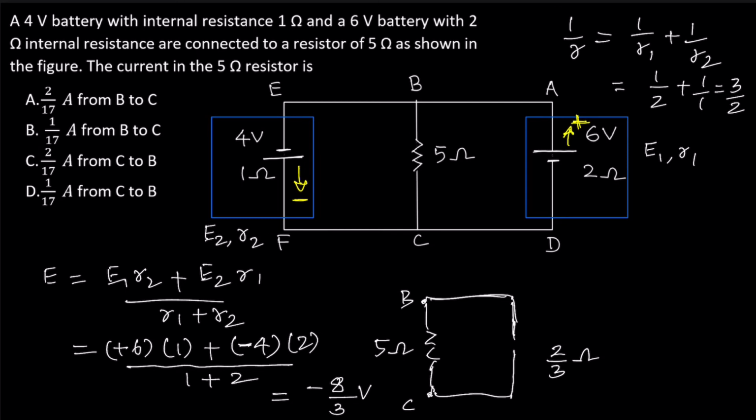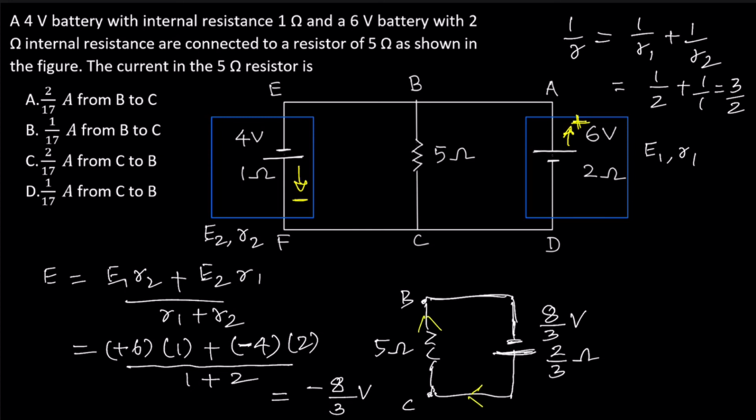Again, the minus sign indicates that the positive terminal of the combined battery, the one we are going to replace these two batteries with, will be facing downwards. So this is what we have. Once you do this, it is very clear that the current will be flowing from C to D. So there is no problem here.